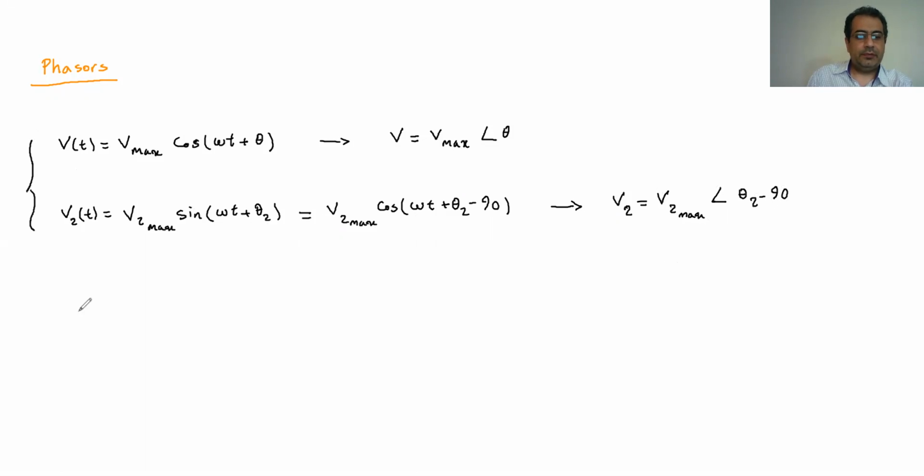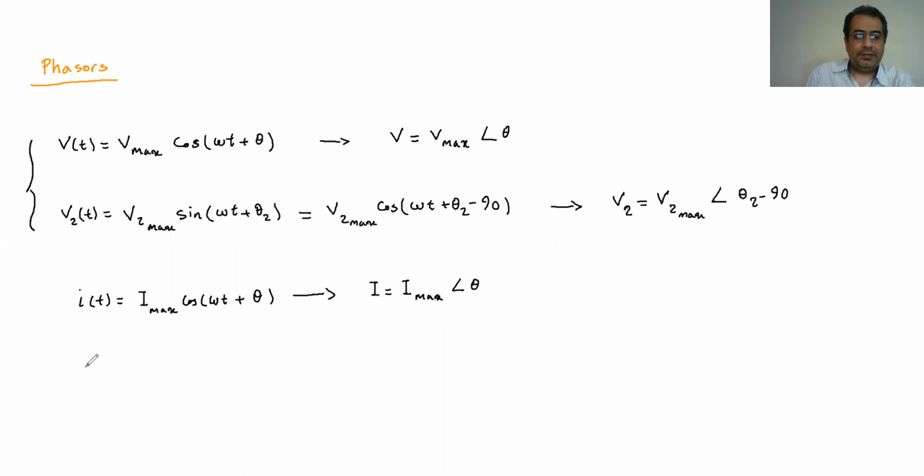You can do the very same thing if you have the current. So if I have i of t, for example, I max cosine omega t plus theta, then in phasor format, the I is going to be I max with the angle of theta.